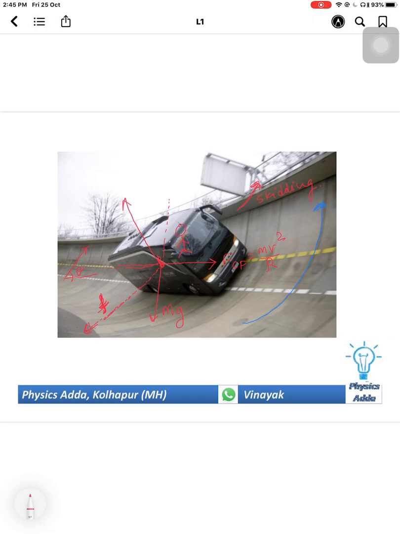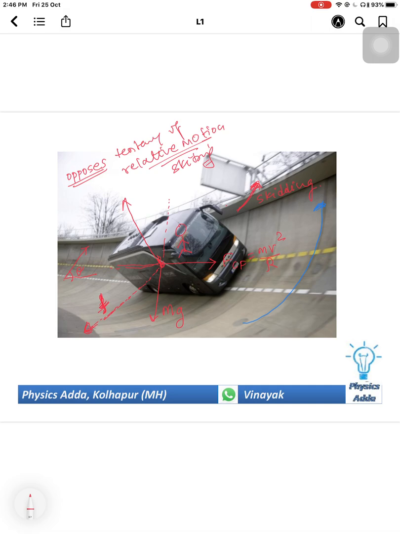A very important word is opposes. So relative motion here is skidding, which will be in outward direction. So friction will act inward.